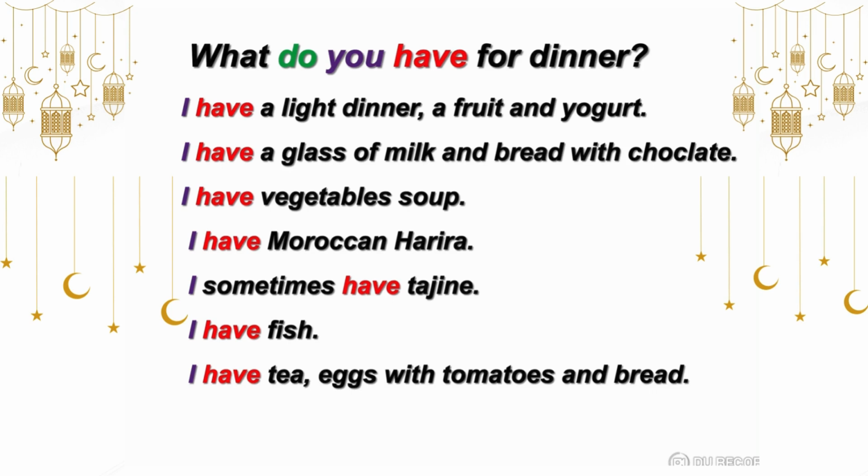So both of them are correct. I have a glass of milk and bread with chocolate. So there is an O missing, chocolate: C-H-O-C-O-L-A-T-E. So there is an O missing.